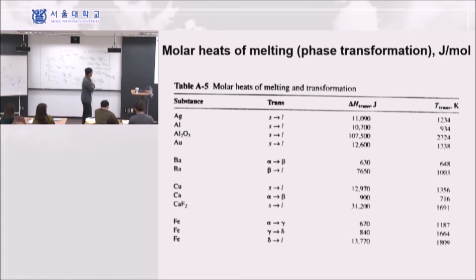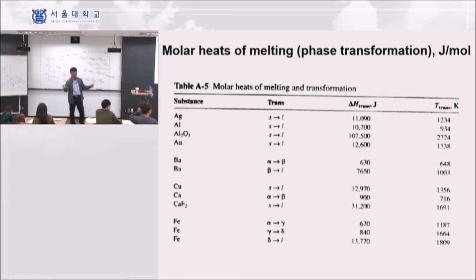Okay? And then if you look at the barium, there are two. So barium alpha to beta transition. So it's a solid to solid transition. And that's a very small number, 630. Solid to solid, I mean, just change a little bit of each crystal structure. However, beta to liquid phase, which is solid becoming liquid phase, has a much higher enthalpy of transition.